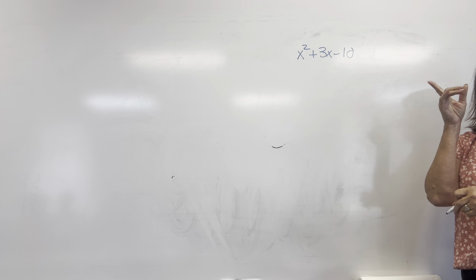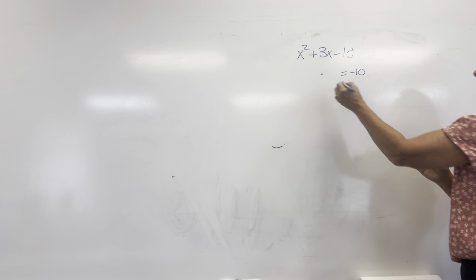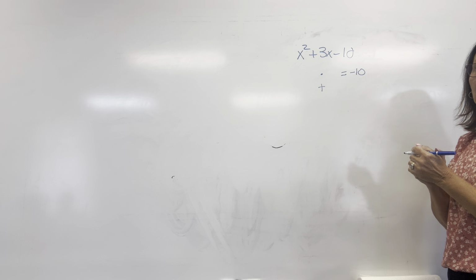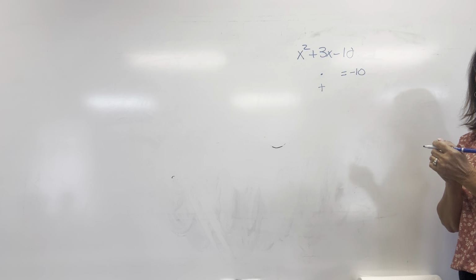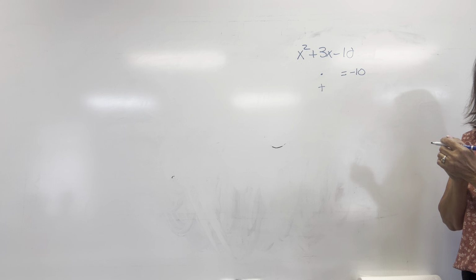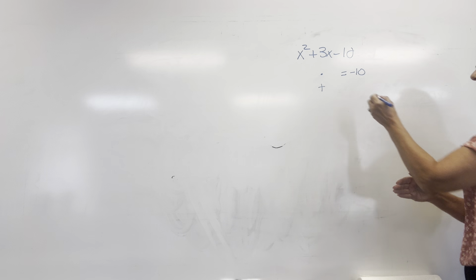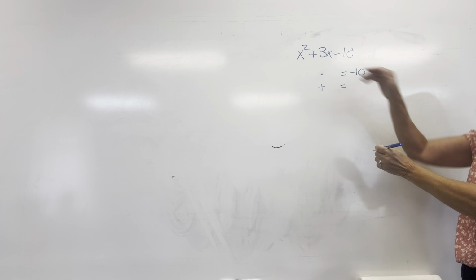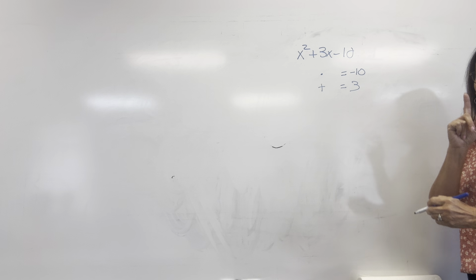Added equals what? We've already used A and C. The only one that's left is B. So added equals what? What's the B value? 3. All right, so help me think.